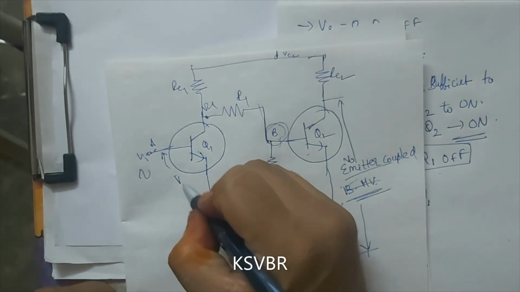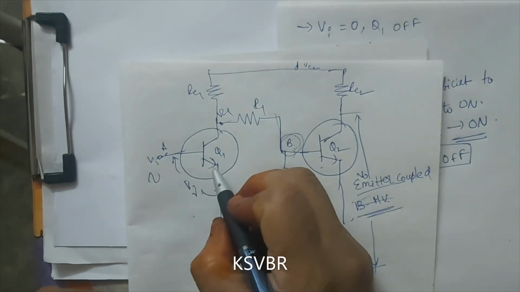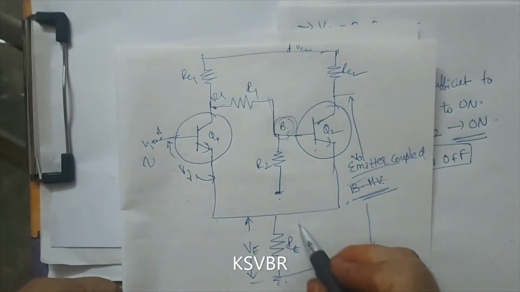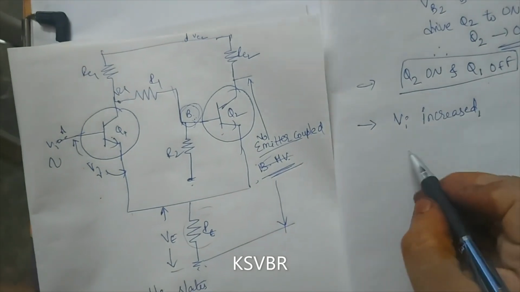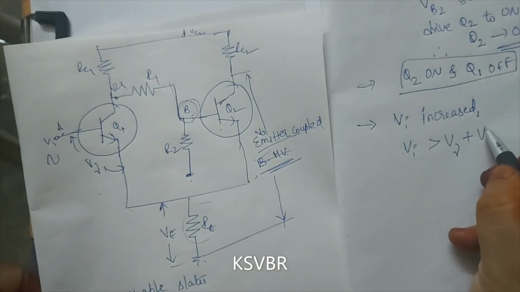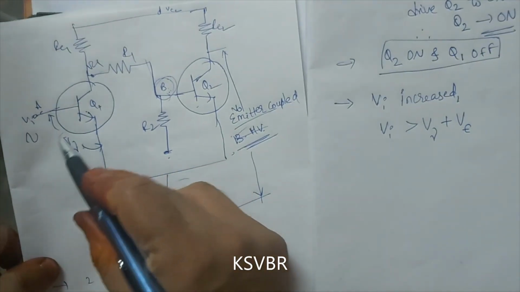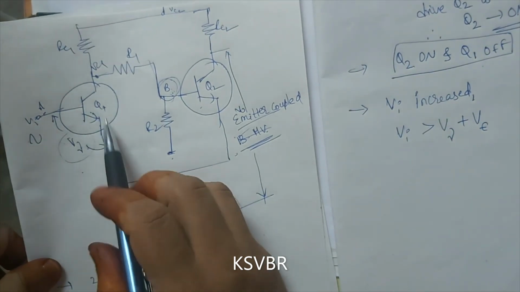Initially this voltage will be V gamma. If V gamma is given, whenever V input is V gamma, Q1 is on. But here we are having resistance RE. So we should consider voltage V input greater than V gamma plus VE, this total voltage. Then only Q1 transistor will get on.